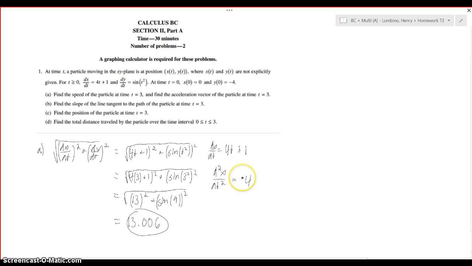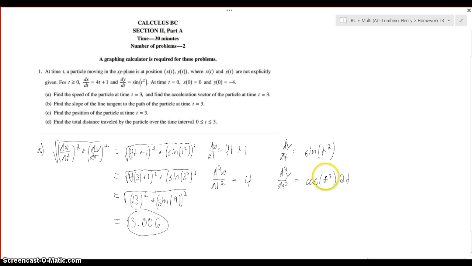Then dy/dt equals sine of t squared. Now the derivative of that we find by applying the chain rule. We have cosine of t squared, and then we have the derivative of t squared on the outside, which will be 2t.